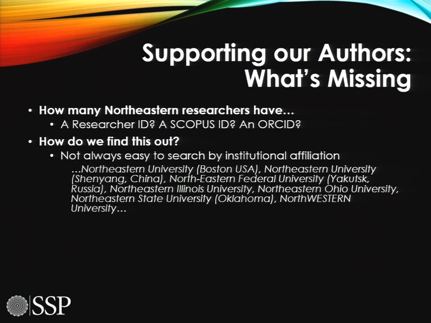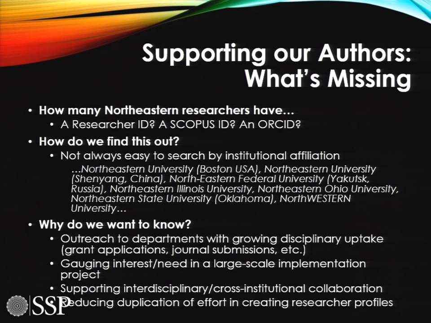And why do we want to know this information? We want to be able to do outreach to departments who have a growing disciplinary uptake of persistent identifiers. So either their grant applications require it, their journal submissions are starting to require it, and so on.